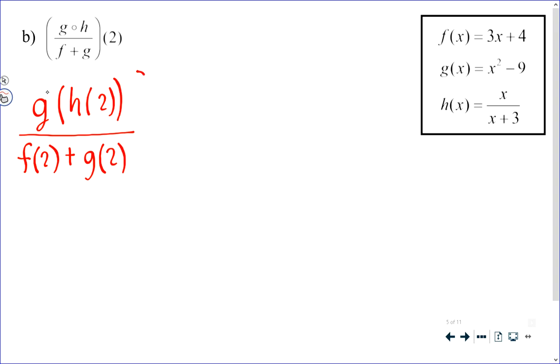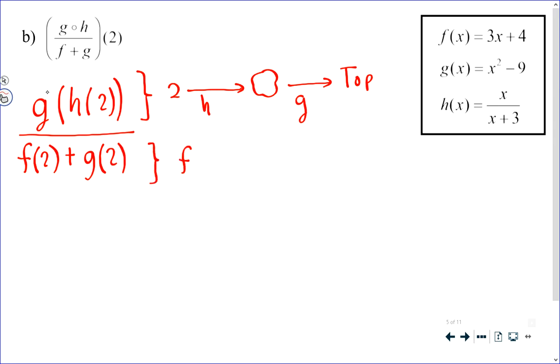When we talk about the top we're talking about putting 2 through h and taking the result and putting it through g, and this will be the top. For the bottom, we have to figure out what f of 2 and g of 2 are equal to, because we have to add them together. This will be the bottom.